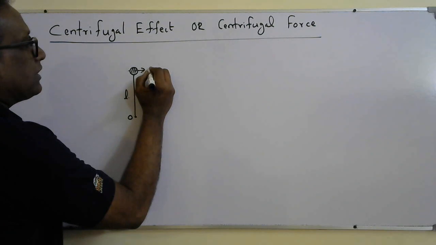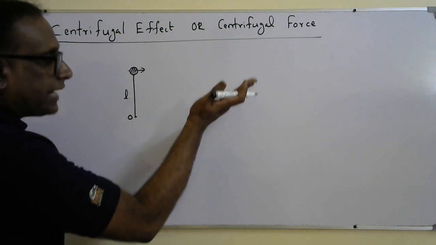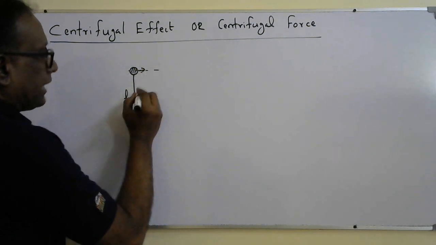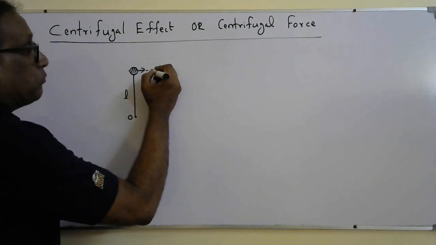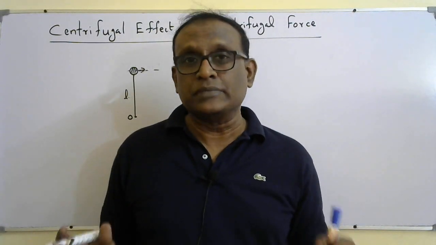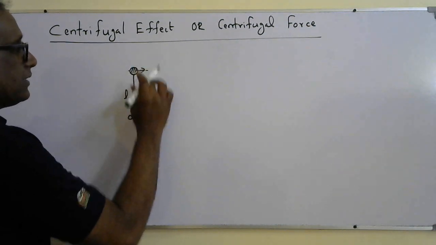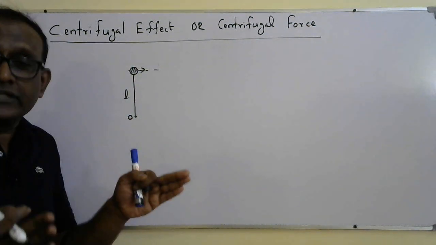But you know that if the sphere tried to reach a point a little on the right side on the same straight line, the length of the string will be more than this length. But I told you it's an inextensible string. So when you try to move slightly to the right, the length of the string cannot extend.